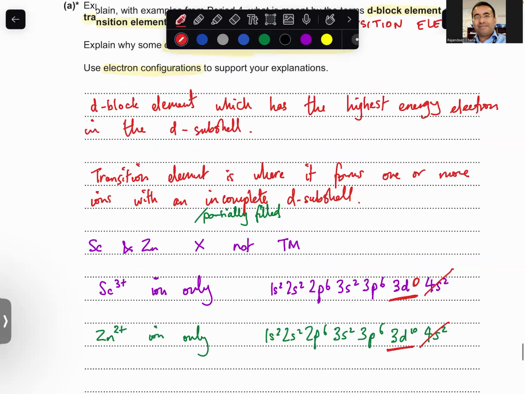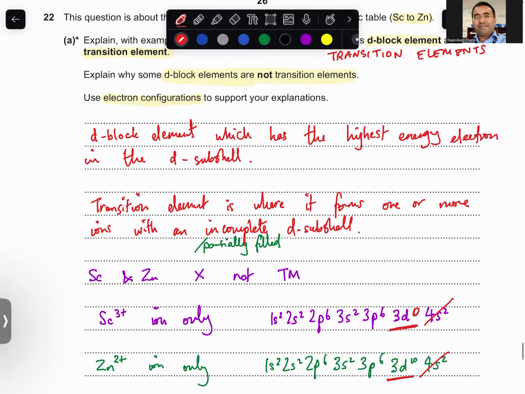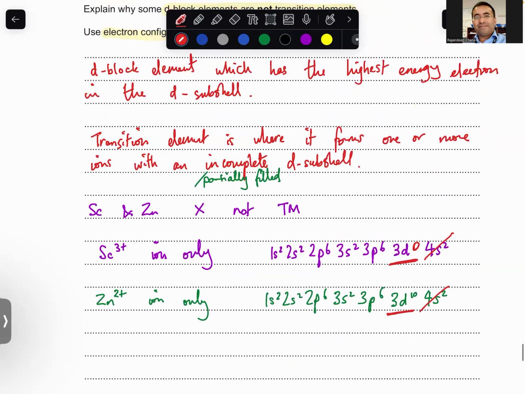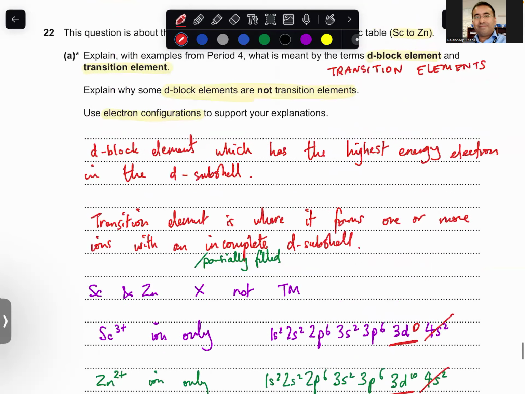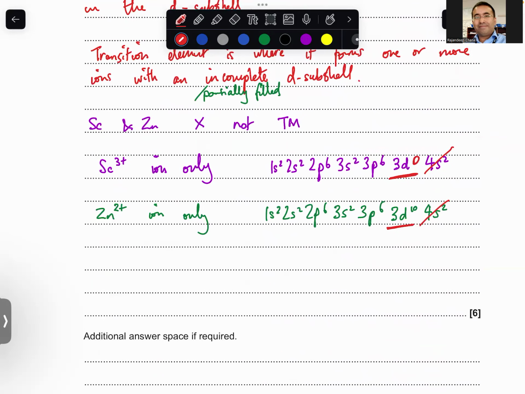What else does the question say? Now, let's give an example of a transition element. Let's look at the periodic table and choose one in the middle, an example generally of a D block element.